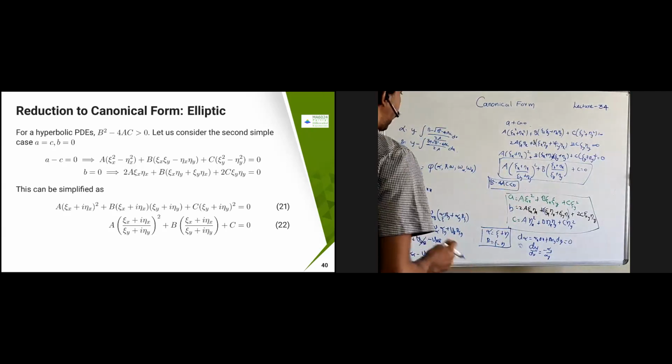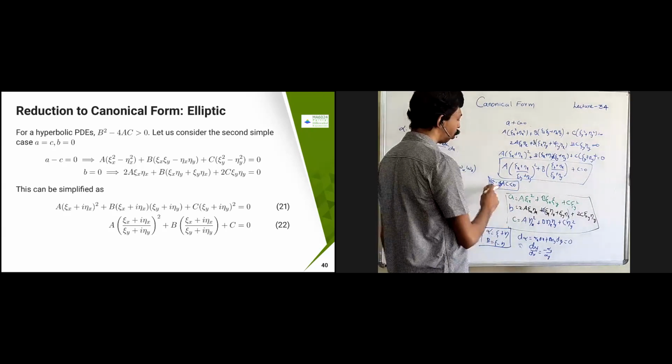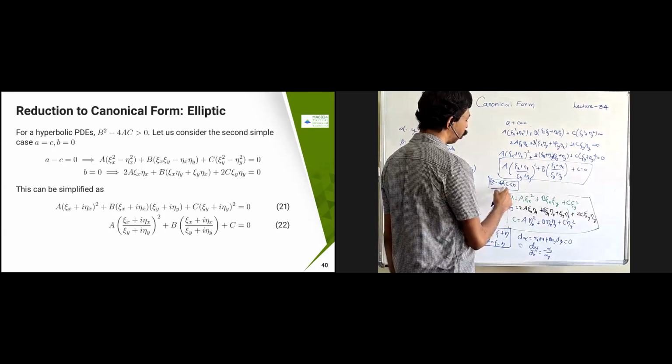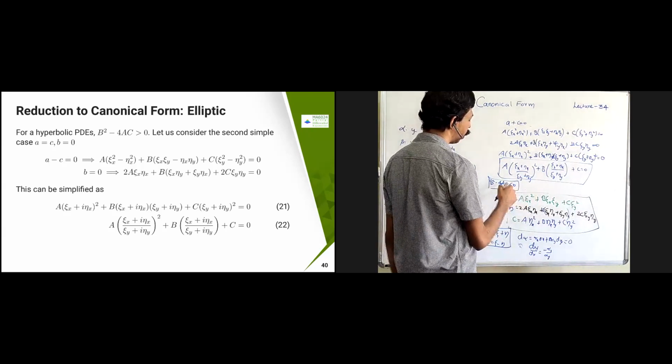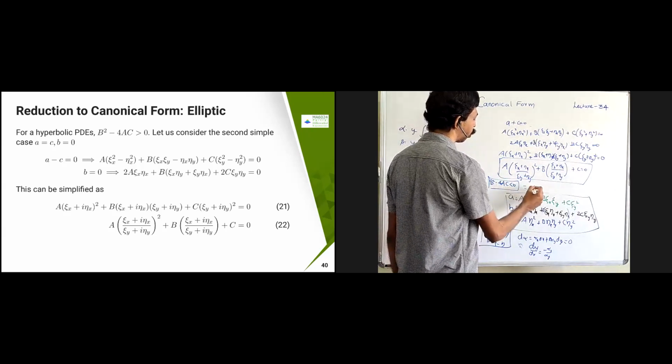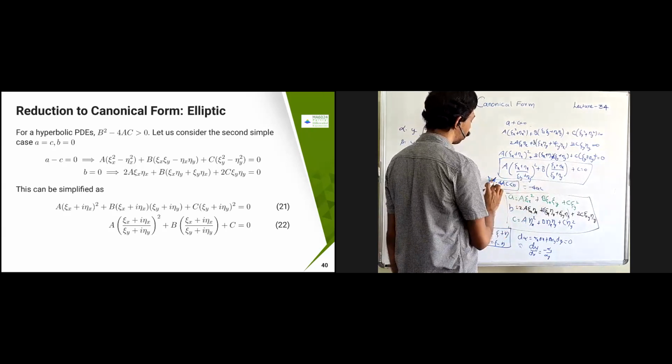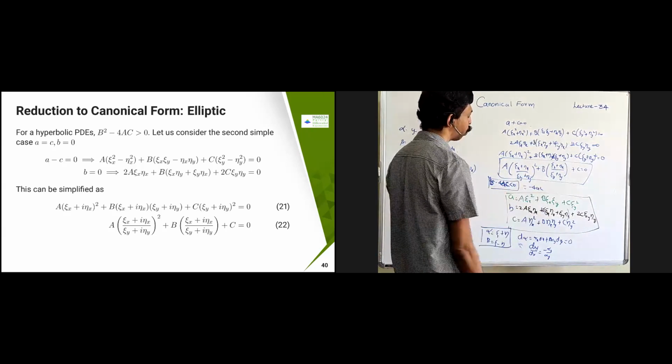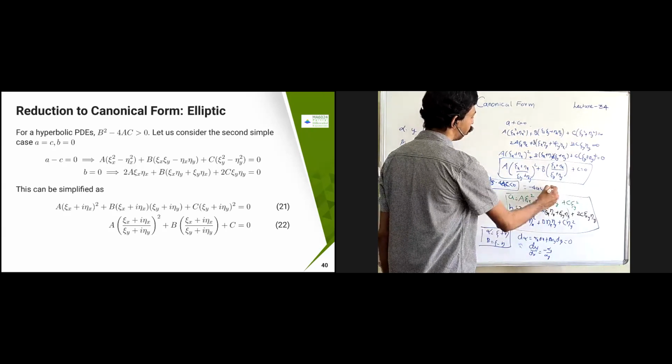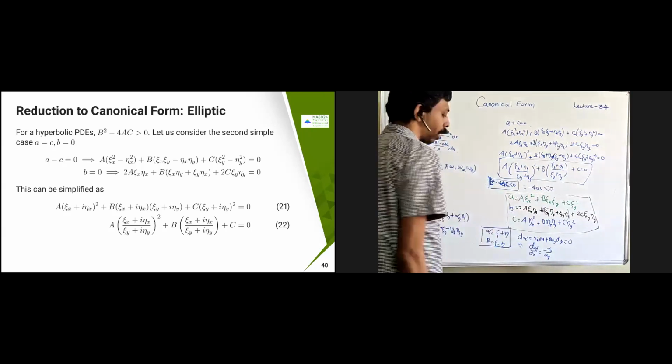If I put a equal to c and b equal to 0, then this is going to become minus 4a square. So b square minus 4ac is minus 4a square, which is always less than 0. So this case we are going to consider.